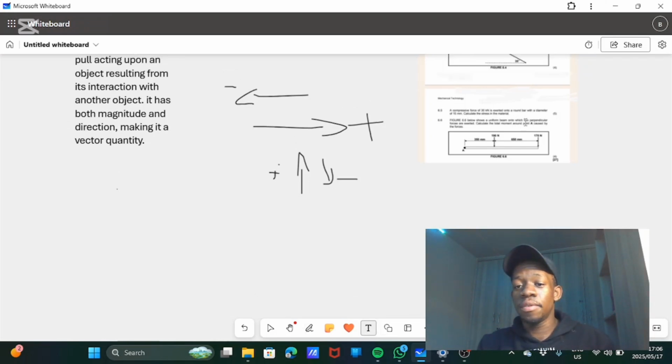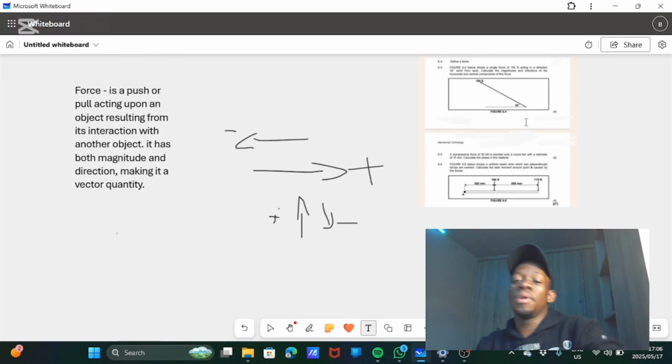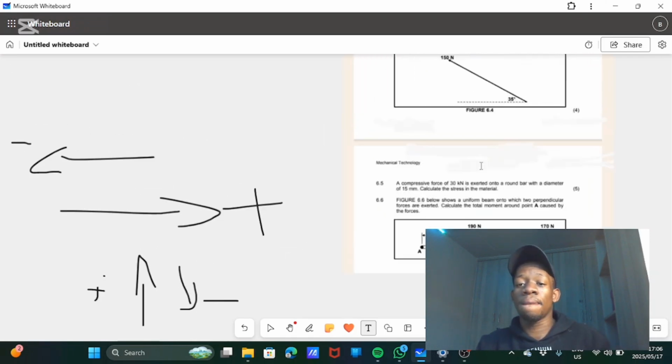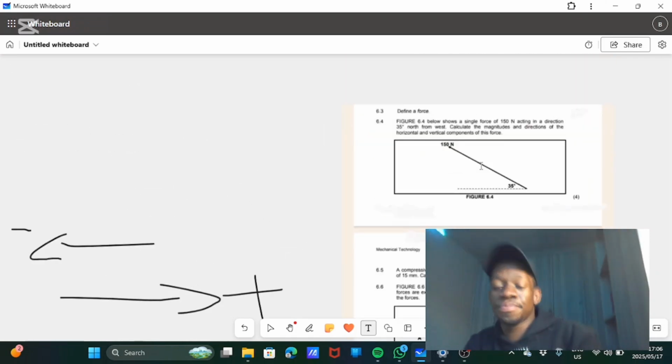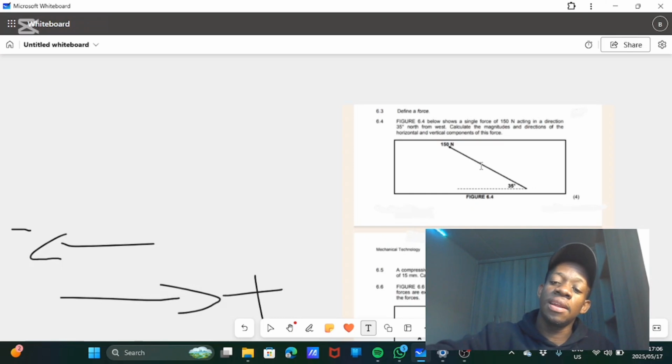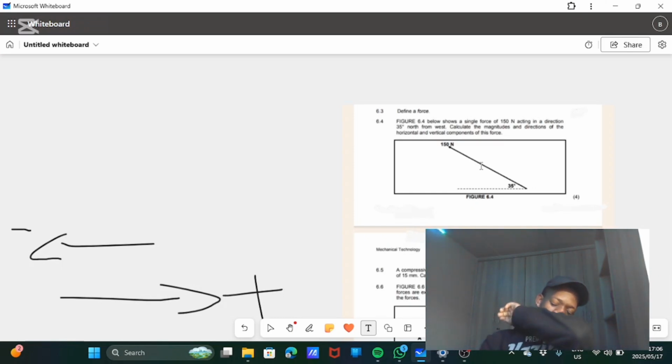We have been given a force that is acting at an angle of 35 degrees. We are calculating the components. So let's start with the vertical component.